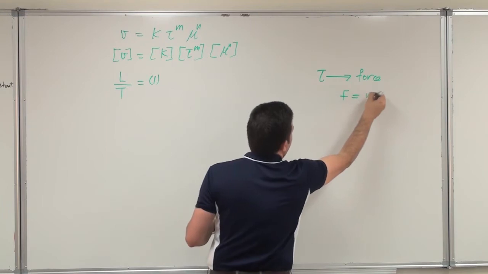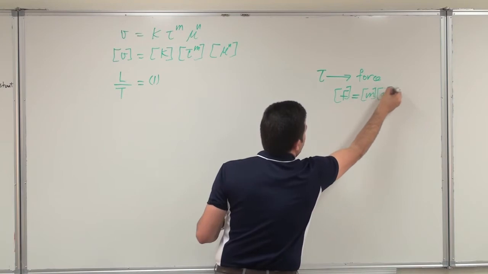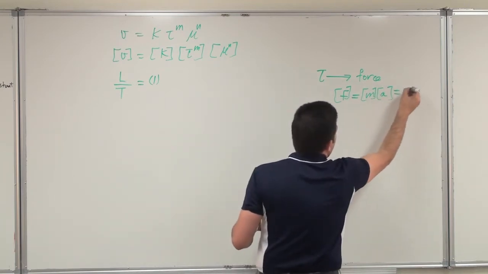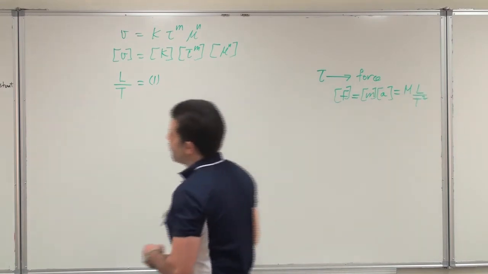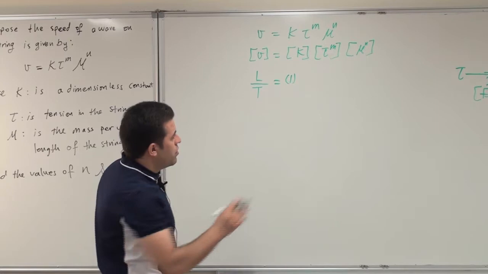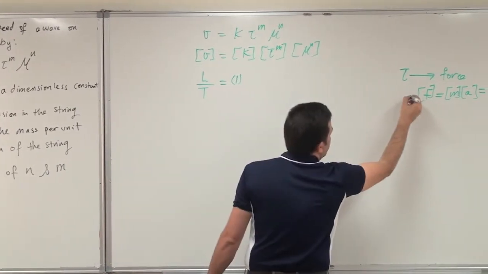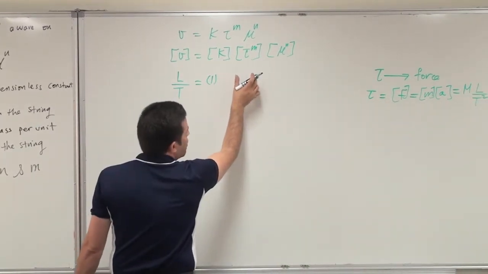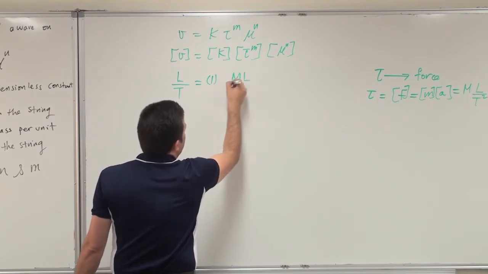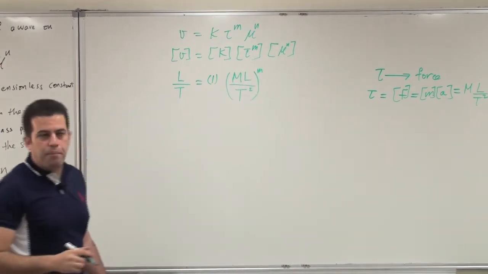F equals ma, then the dimension of F should equal the dimensions of m and a, which is M L per T squared. Okay? So then we substitute this result for the tau, because it's a type of force, here, so it is M L over T squared, all raised to power m, because the tension is raised to the power m.